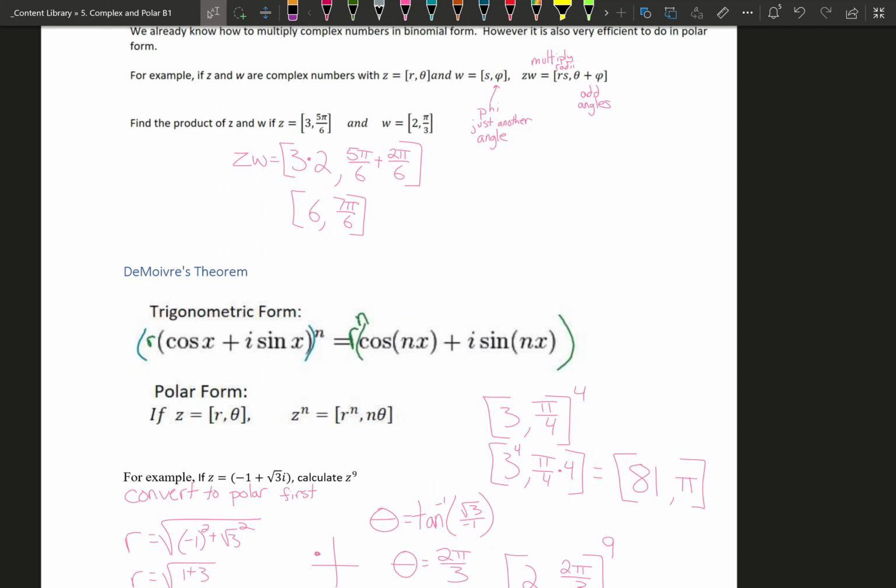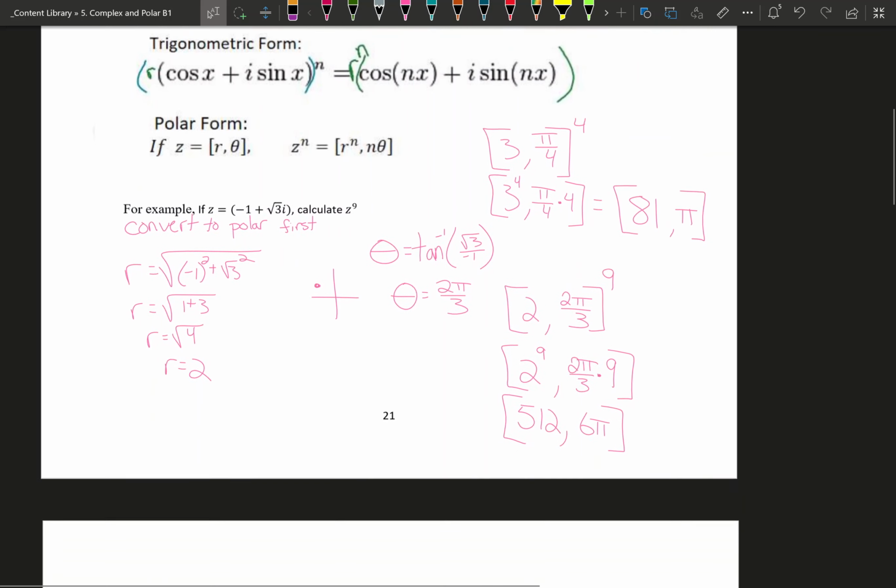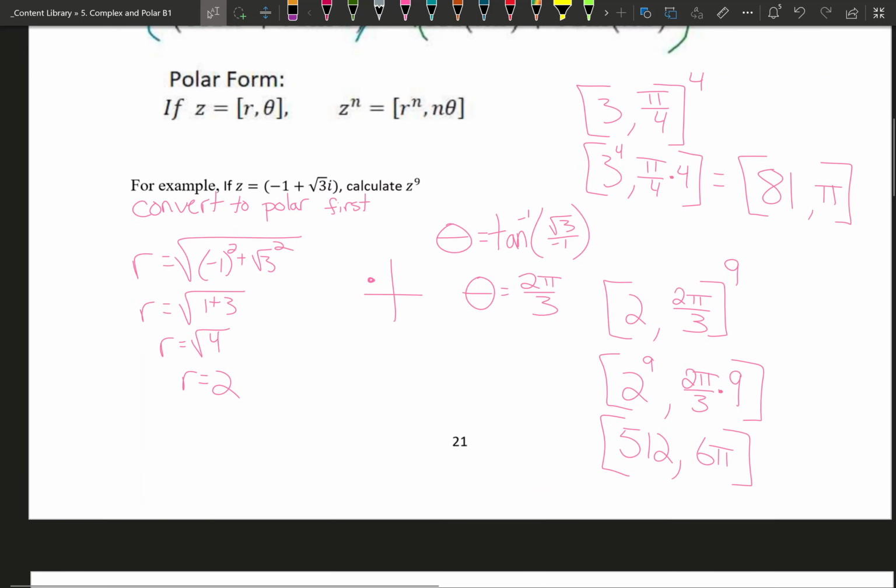So when we do that multiple times, for example, when we're raising something to an exponent, then repeated multiplication on the radius is going to be an exponent. Repeated addition on the angle is going to be multiplication. So that's how we end up with this formula.